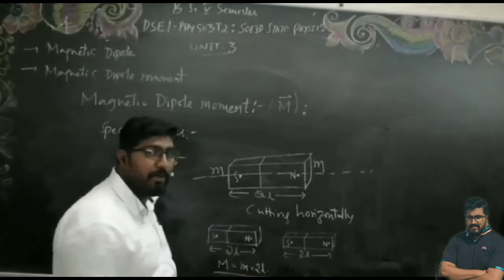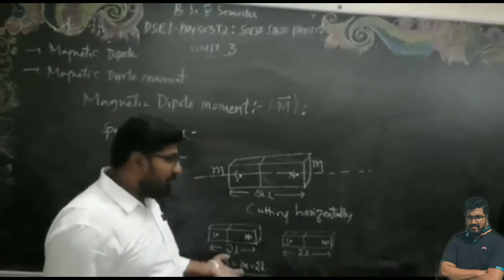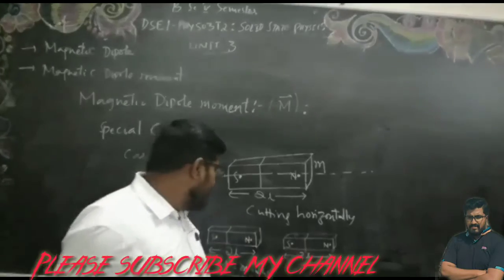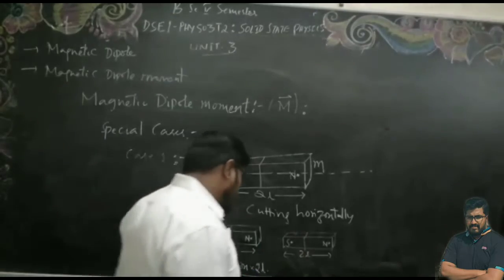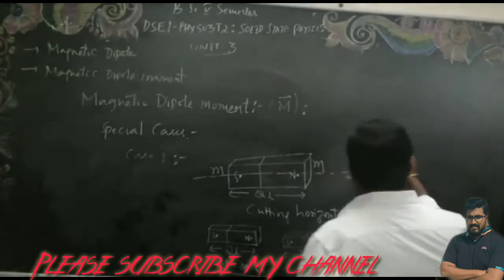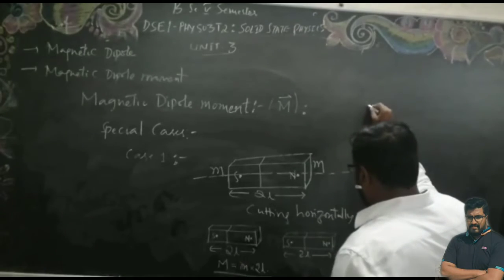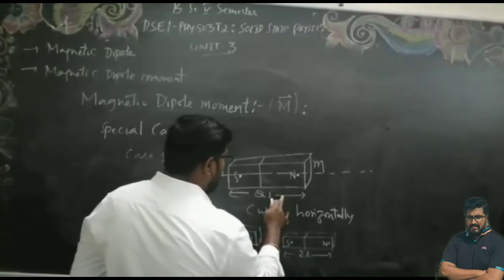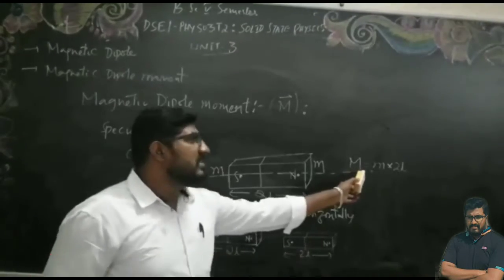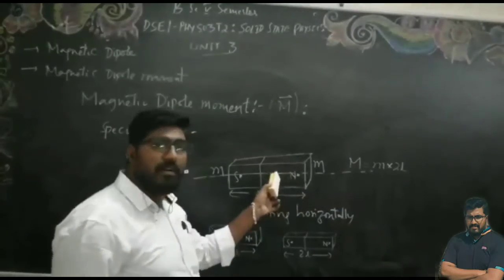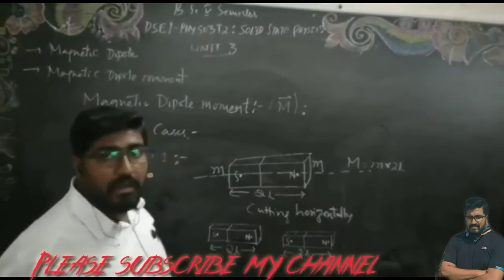This is our magnetic dipole moment for this. For this also the magnetic dipole moment remains the same. What happens to the pole strength? See, this is the magnetic dipole moment of this bar magnet.